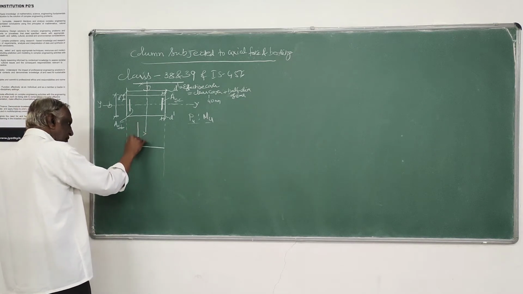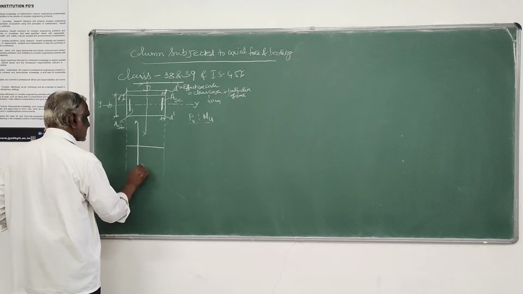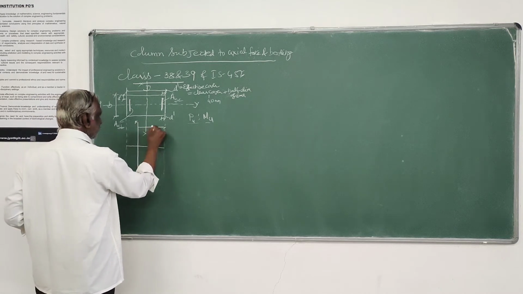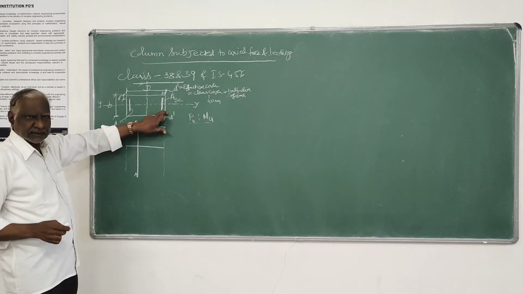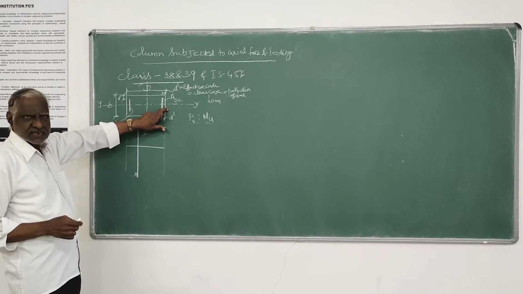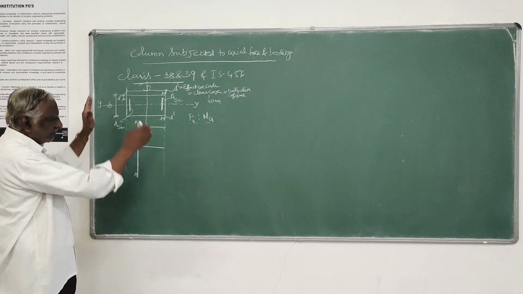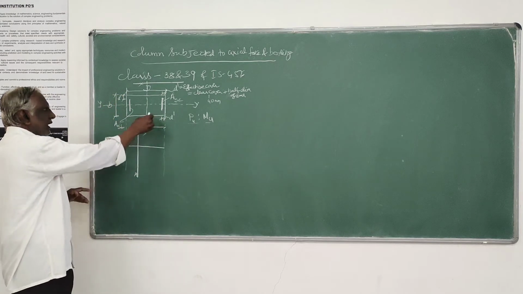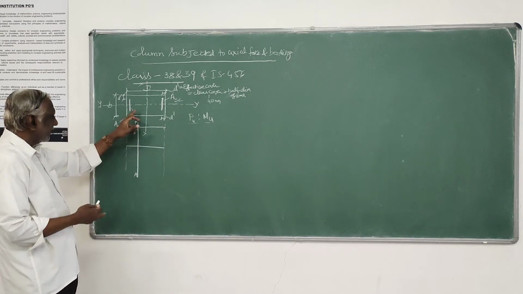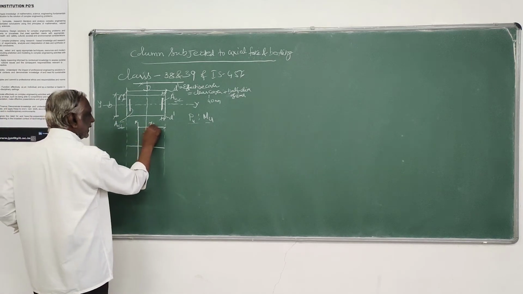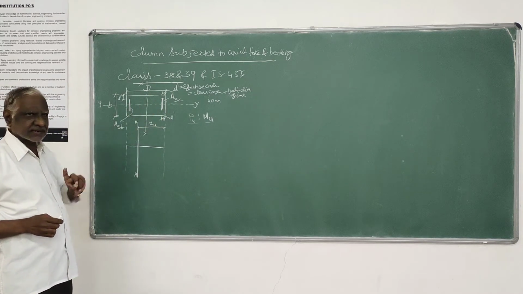Let that neutral axis be at a distance xu from the most compressive edge. I assume this is the compression edge, where the most compressive stress occurs, and the most tensile force occurs here because of tension. The stress will be zero somewhere in between, at a distance xu from the most compressive edge.